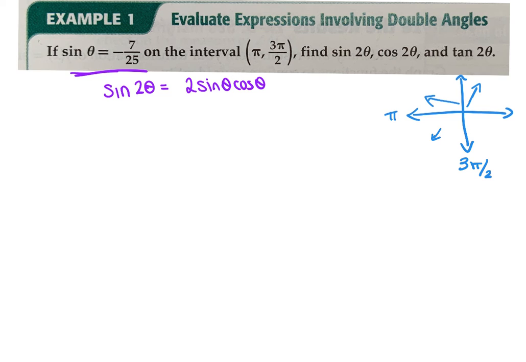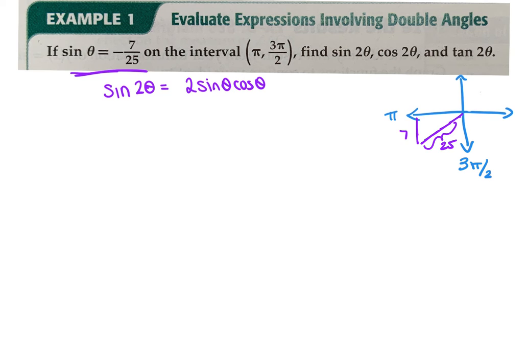We can go way back to our point on a unit circle. They've given us y and r, and we can use the Pythagorean theorem to solve for x. In fact, they give you a picture in the book. Remember when we did this? Somewhere over here, they've given us r is 25, and they've given us our y value of 7.